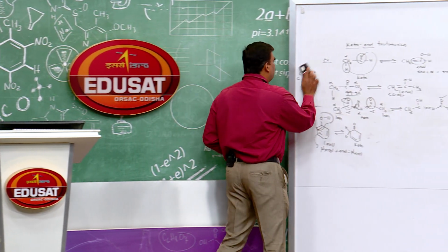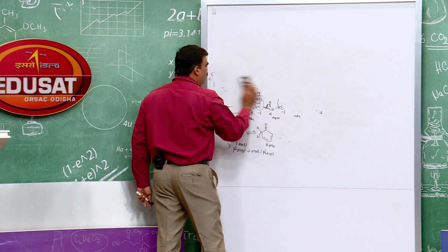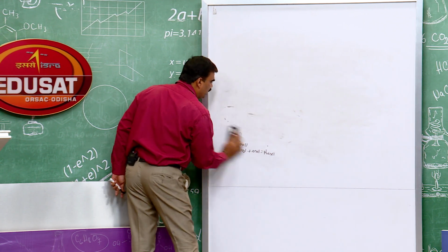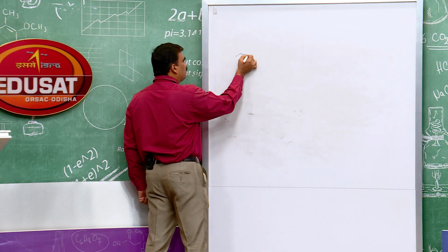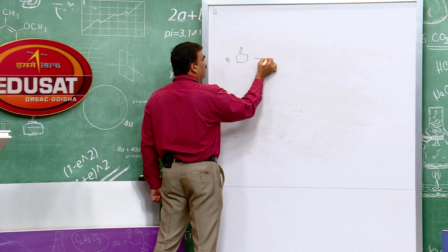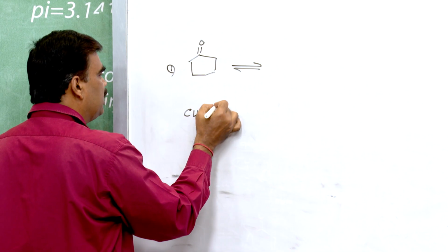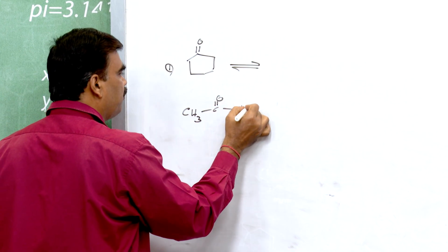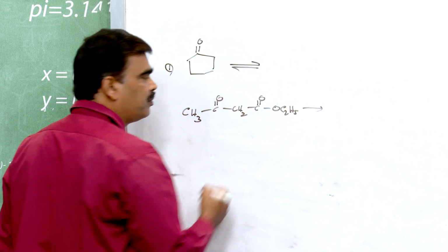I am giving you some examples, you just work them out. Now tell me what their enol forms will be, and I will give you some enol forms; you tell me their corresponding keto forms. I am giving you this ketone. This is one. Write its enolic form. If I give you one like this, write its enol form.